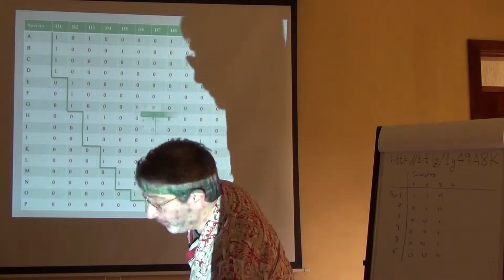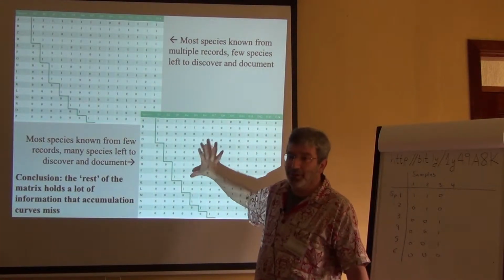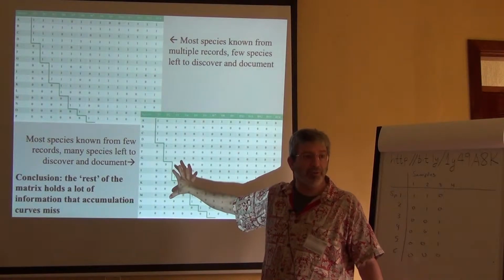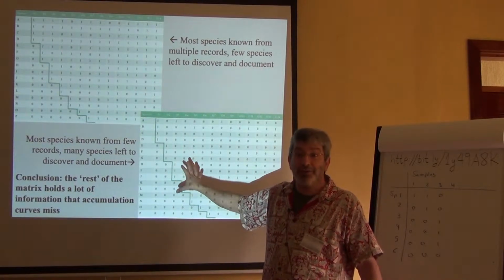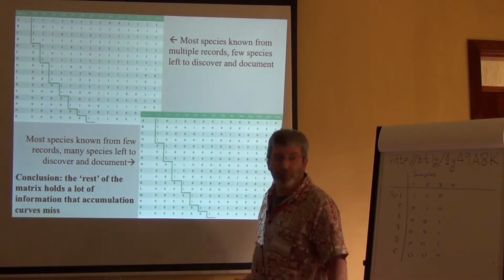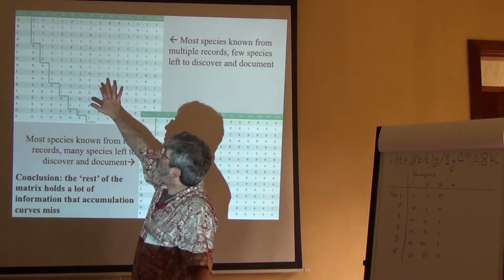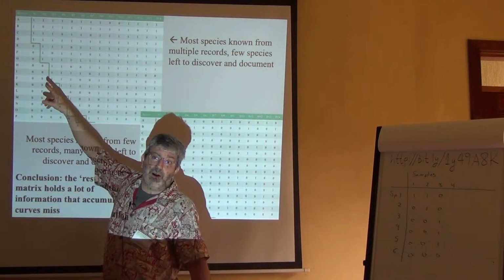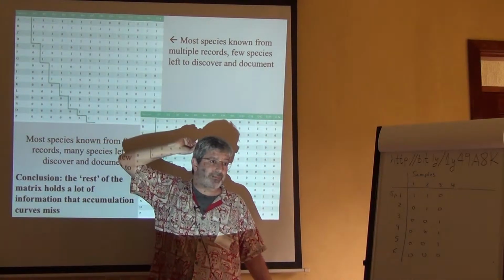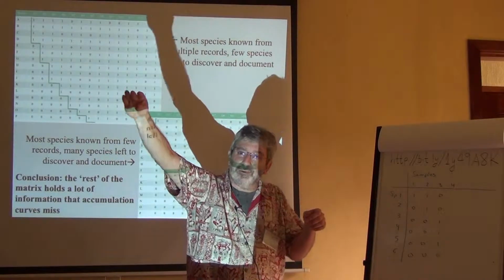Hold on, I've got both of them here. In this situation where there are lots of zeros, I have lots of rare species, or hard to detect species. And so I'm guessing that I'm going to continue discovering species for a long time. But here, most of the species are seen most of the days. And so in this case, I'm going to guess that my curve is going to level off pretty soon.